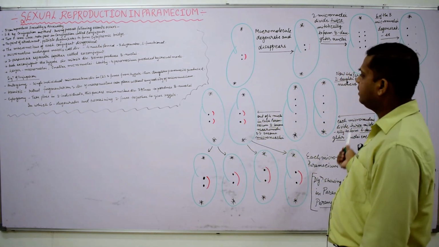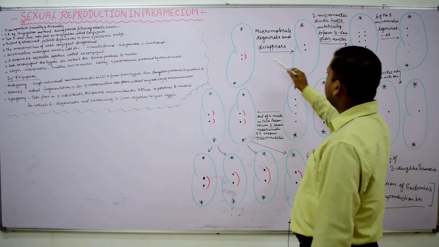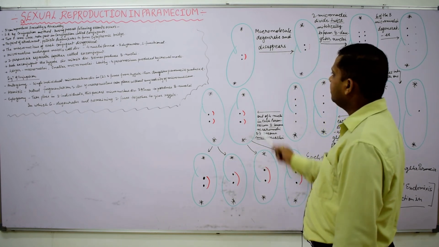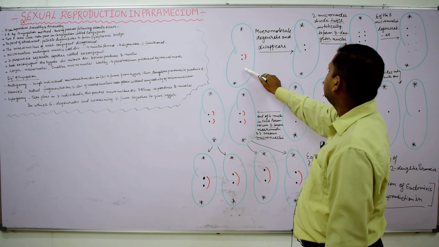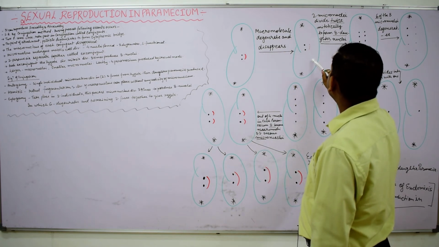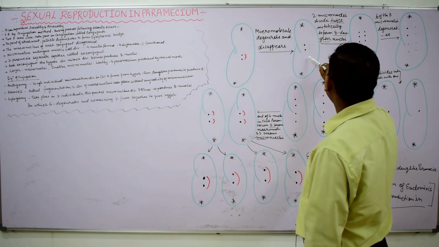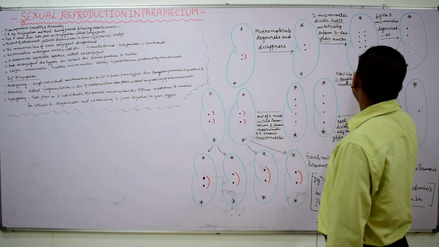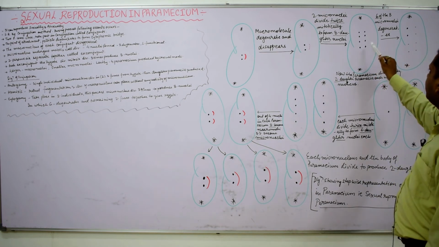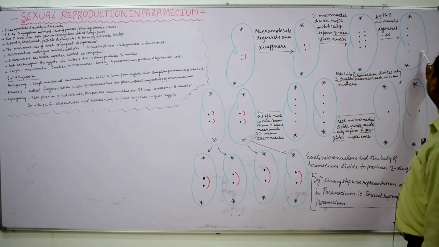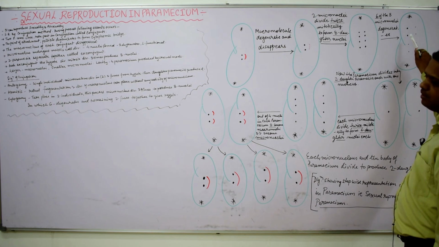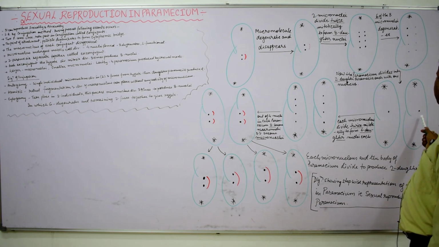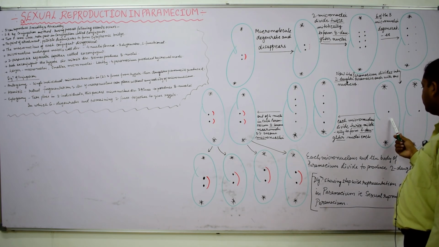With the help of the diagram, once again we will see. This is a single paramecium, which undergoes macronuclei degeneration. Here the 2 micronuclei divide twice mitotically and 8 micronuclei are formed, and of the 8, 6 will disappear. In the next stage, only 2 are functional, and by that ex-conjugation takes place, where a single micronucleus is present.